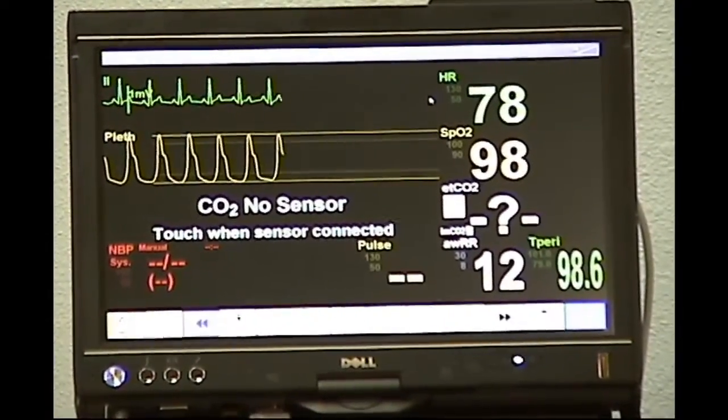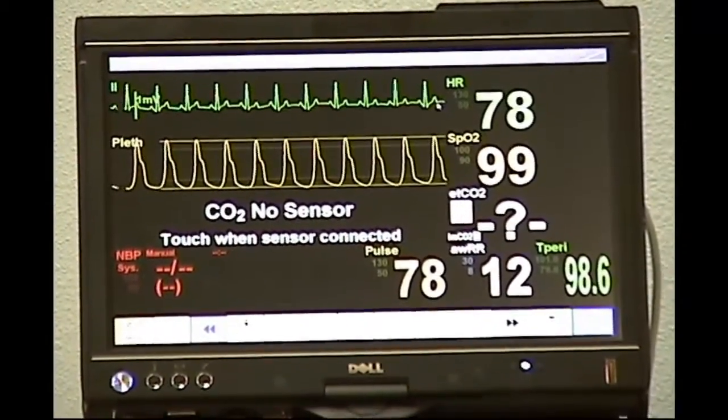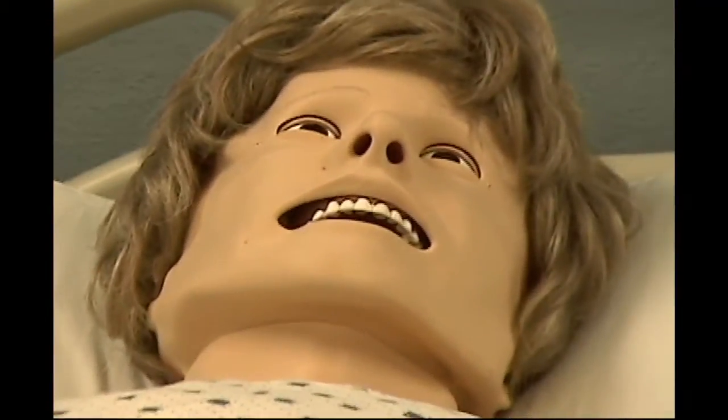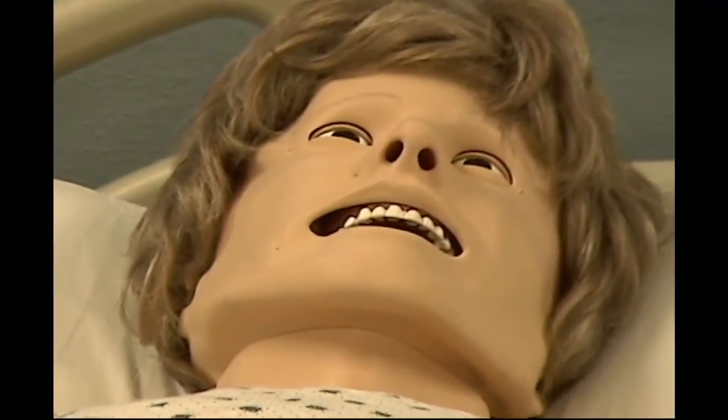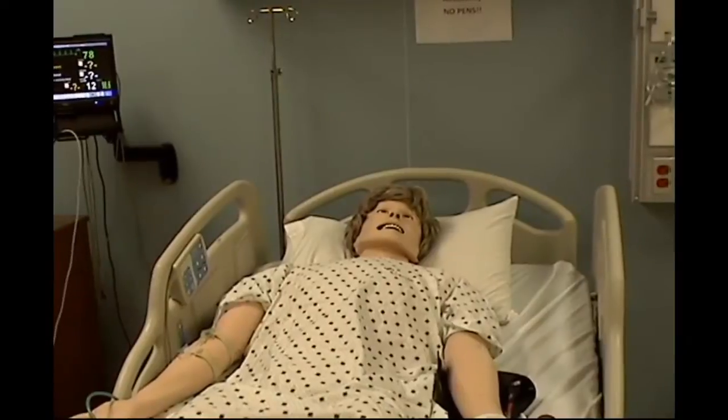In the event that the patient's O2 sats are below 90%, a blue light will appear in your patient's mouth to show that the patient is cyanotic. When you remove the O2 probe, the O2 sats value will no longer be visible on the monitor.